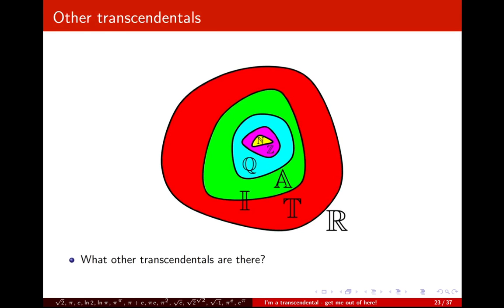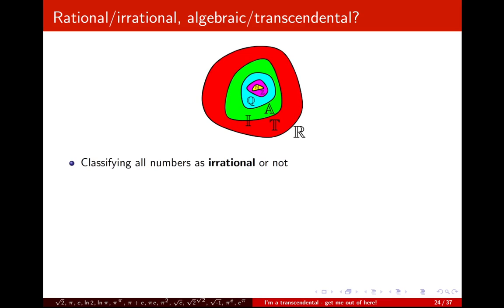So what other transcendentals are there? Well, these videos are all about classifying numbers as to whether they are irrational or not. So whether they sit inside or outside Q. But if they are rational, so they're inside Q, they are also algebraic, and they're definitely not transcendental.